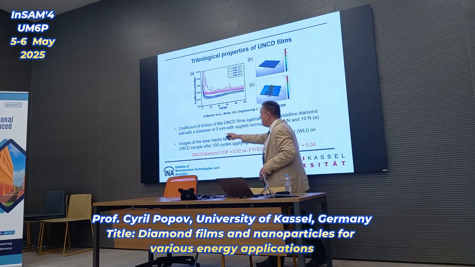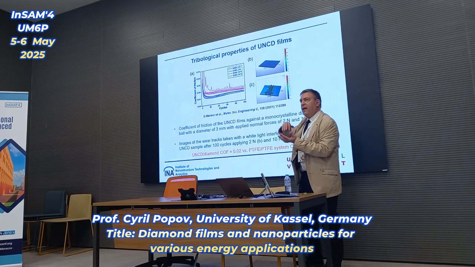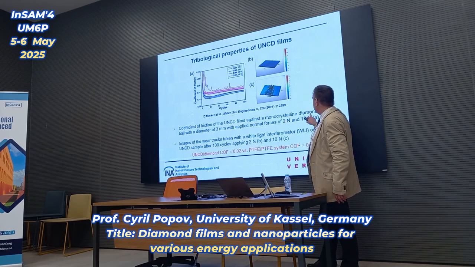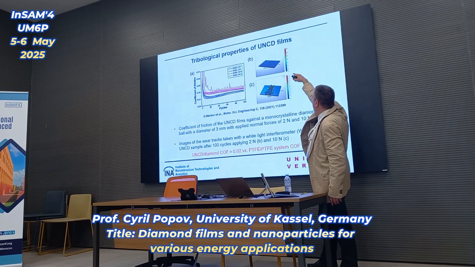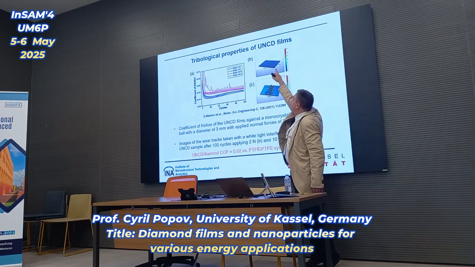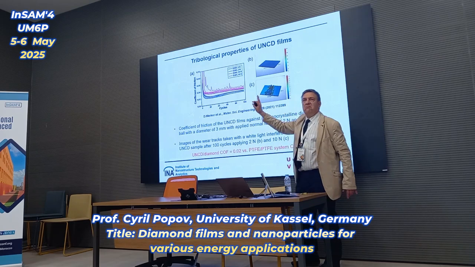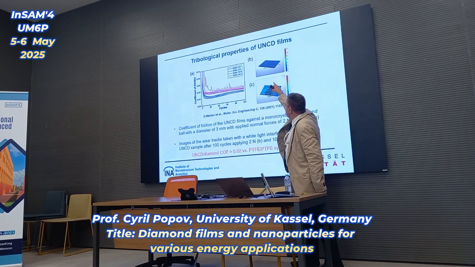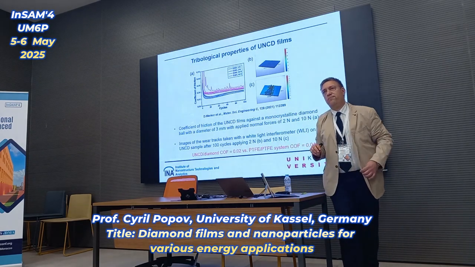It was extremely expensive, 3 millimeters. Sliding, applying different forces of 2 newtons and 10 newtons. And you can see the images of the white light interferometer. You see nothing after 100 cycles. Of course, with higher pressure, 10 newtons, you see some wear of the UNCD film.